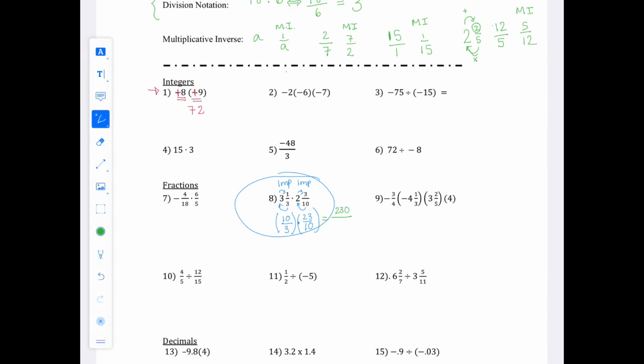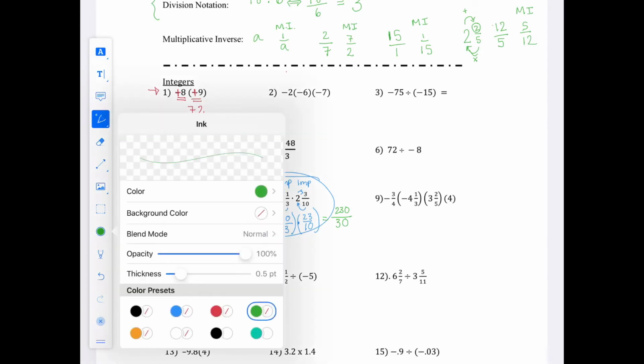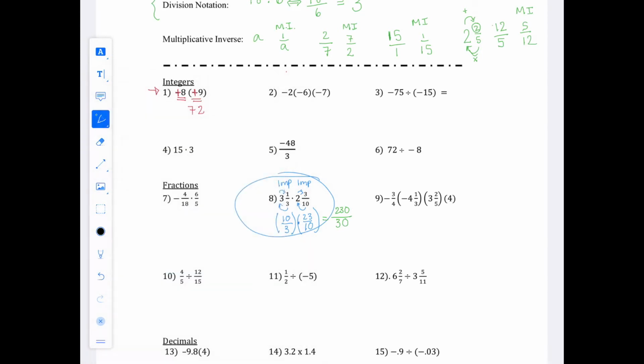That's 230 over 3 times 10, which is 30. And you all might remember that if you have a 0 on the top and the bottom, they cancel out, and we're left with 23 over 3.